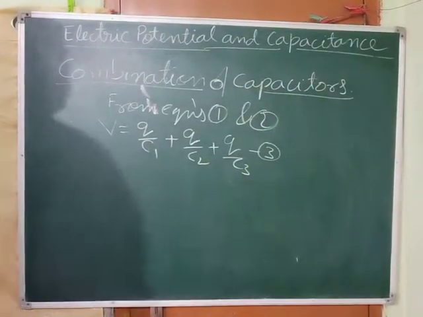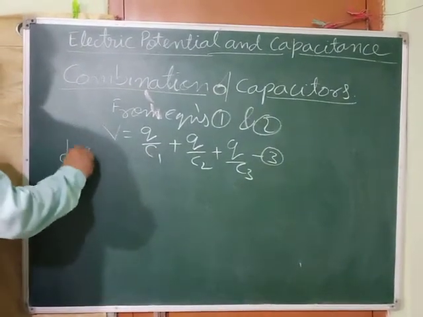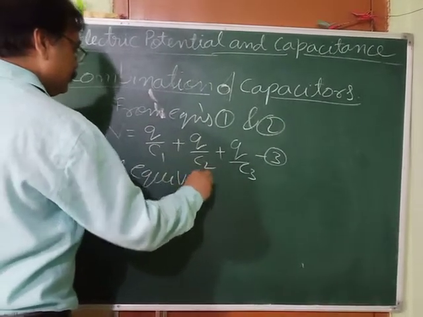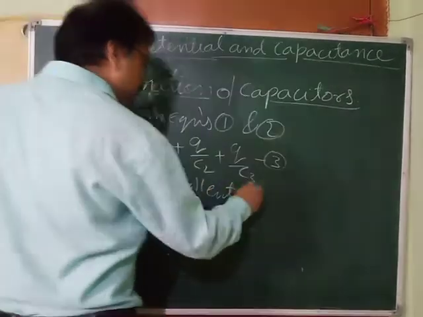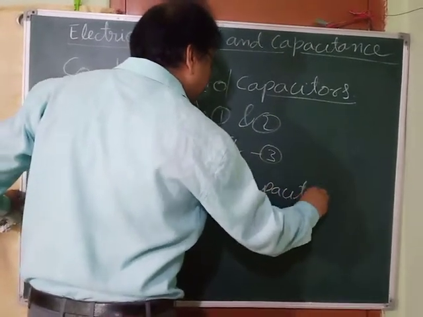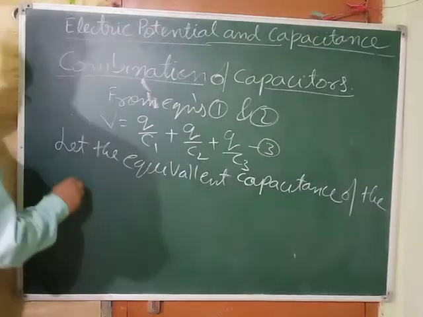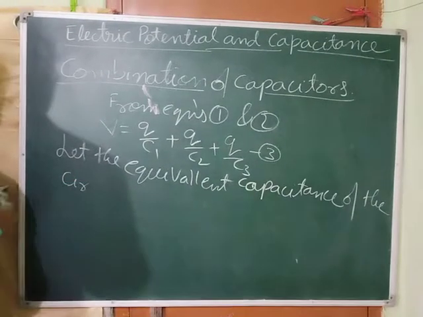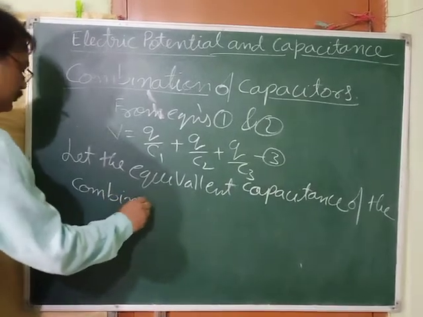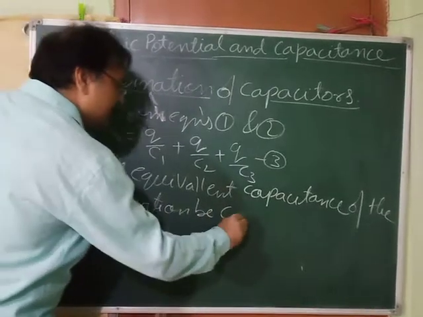And what we have to take? Let the equivalent capacitance of the circuit or combination be, it is series, so CS.